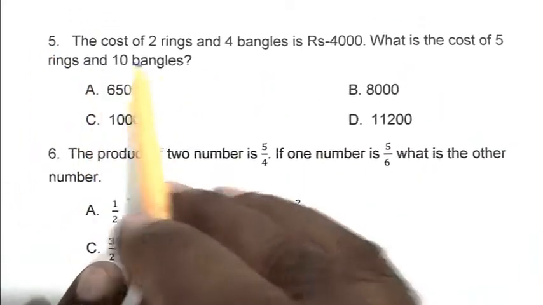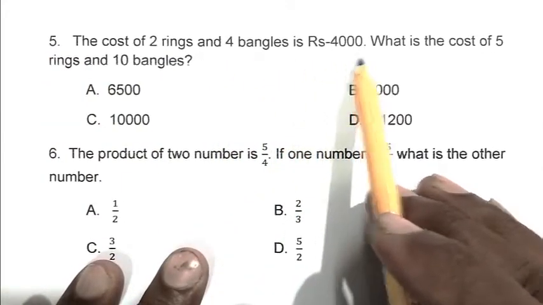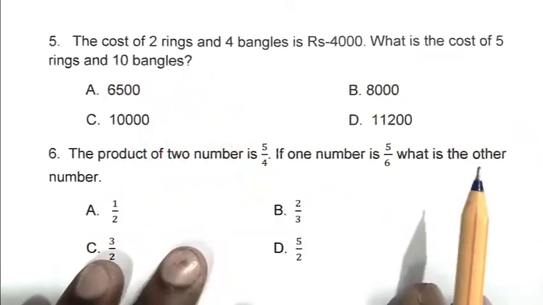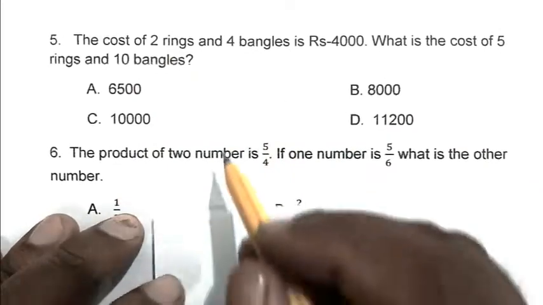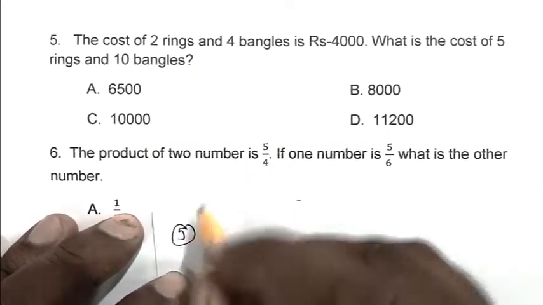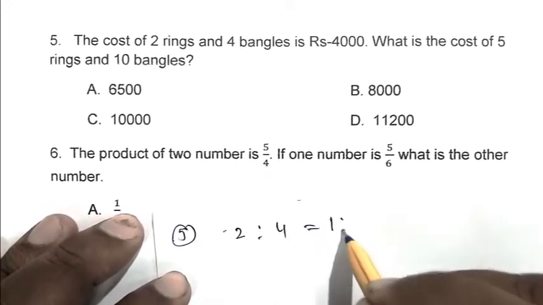Question number 5. The cost of 2 rings and 4 bangles is rupees 4,000. What is the cost of 5 rings and 10 bangles? So here the ratio of rings and bangles is 2 is to 4, that is 1 is to 2.